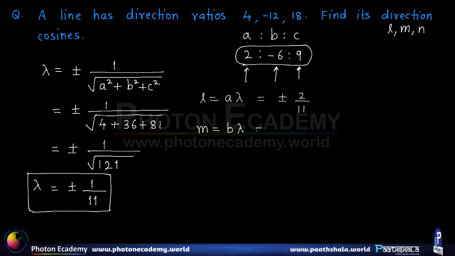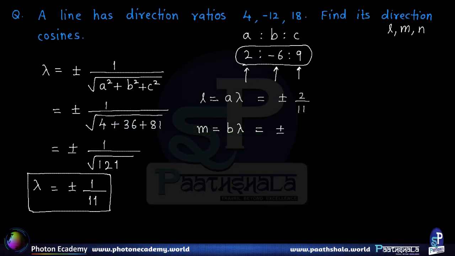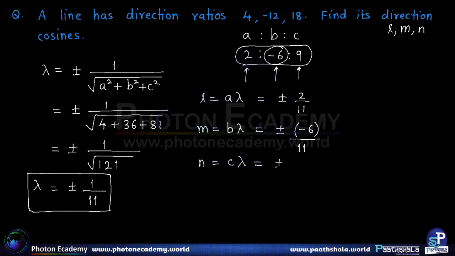So that turns out to be plus or minus, but if you see now b here is negative, which is fine, we keep that as it is. So it is minus 6 upon 11, and n is equal to c into lambda, that is plus or minus 9 upon 11. So therefore final answer is the direction cosines.